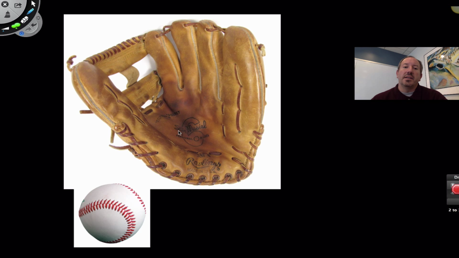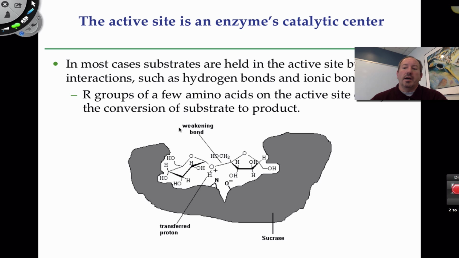That being said, you can't disregard the other structures in a baseball glove because those facilitate the active site. You might say, well, the pocket is the most important part. Well, where you put your hand in is also pretty critical, because that enables you, when the ball hits the pocket, to squeeze the glove and catch it. So all of that's kind of important.